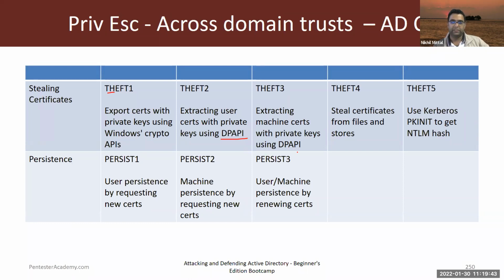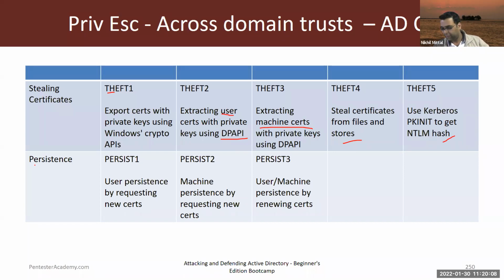You can think of it that way. So this theft 2 is for user certs. Theft 3 is for machine certs. Theft 4 is simple, straightforward, yet very dangerous. You simply go ahead and steal certificates from files in certificate stores. Theft 5 is you use Kerberos PKINIT to get the NTLM hash once you have the certificate of a user.